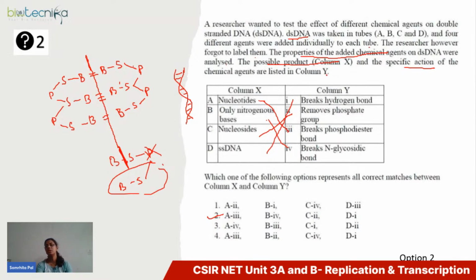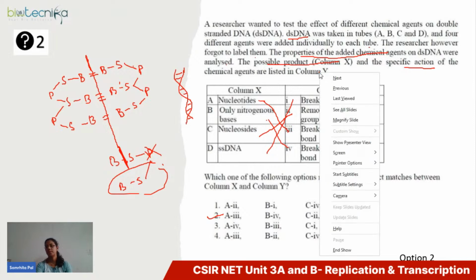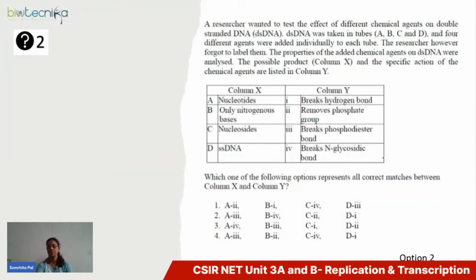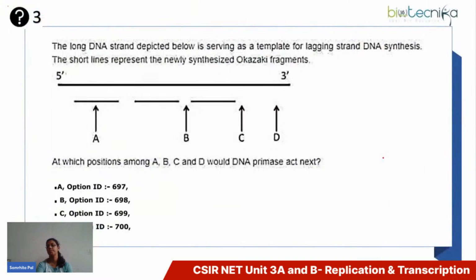Very simple question, but if you get confused about what they are saying, you will not be able to solve it. Otherwise, the rest of it is very simple. Everyone is familiar with the general structure of DNA and the different bonds of the DNA, right? Moving to question number 3.